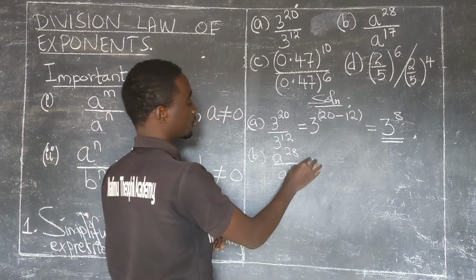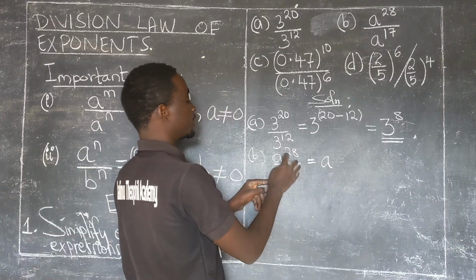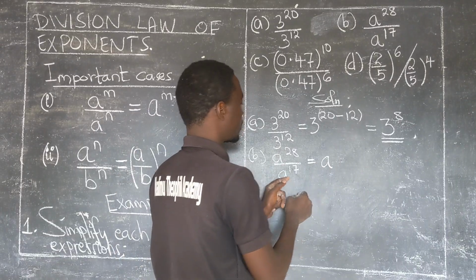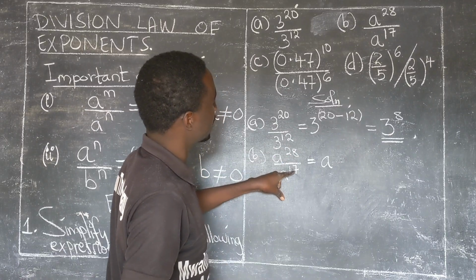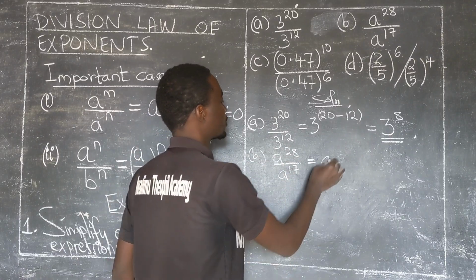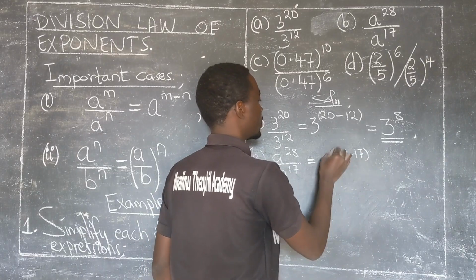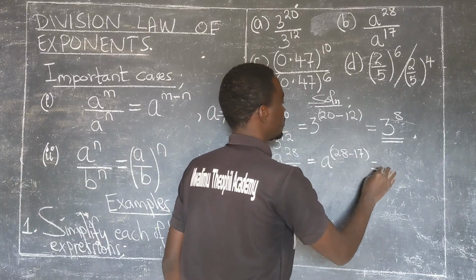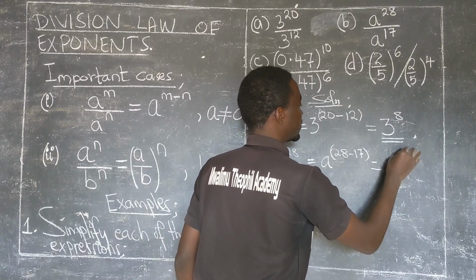As we have the same base, we take a single base, which is a. As it is division, we subtract the exponents, which is 28 minus 17. Now the answer is going to be a raised to 11.